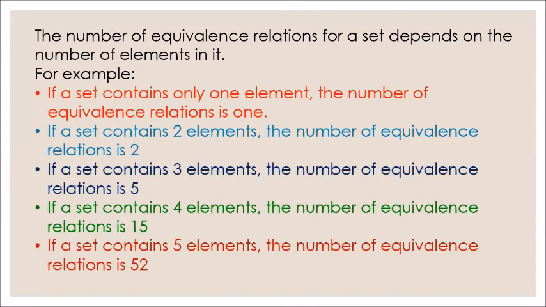If a set contains 2 elements, the number of equivalence relations is 2. If a set contains 3 elements, it is 5. If 4 elements, it is 15. If 5 elements, it is 52.